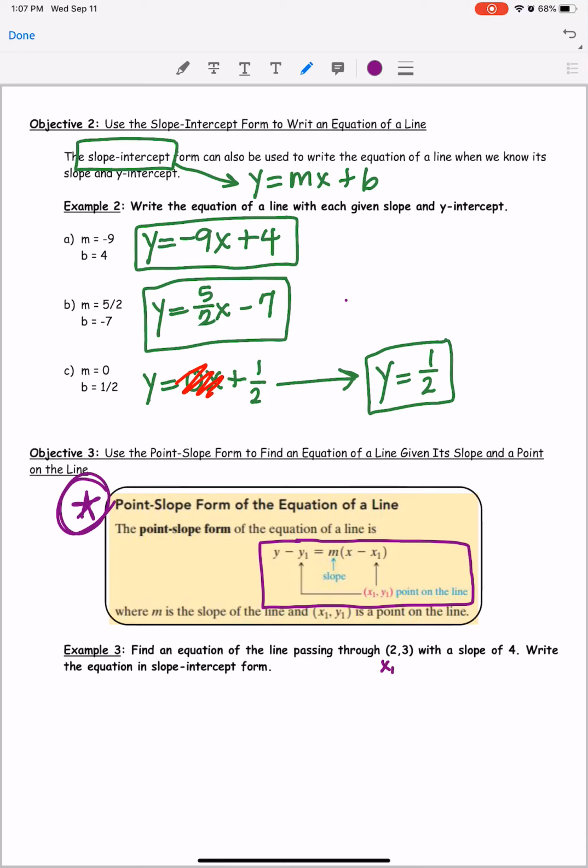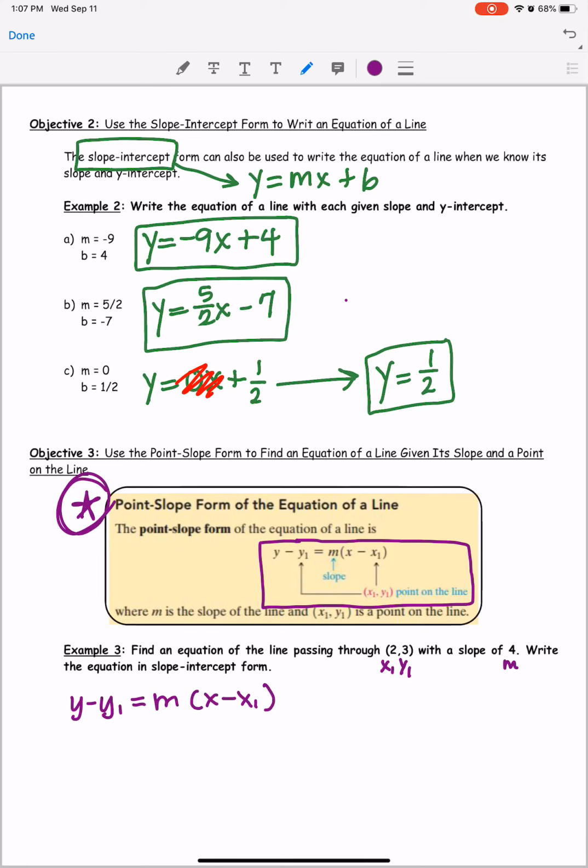So this is your x1, y1 with a slope of 4. Slope is your m. Write the equation in slope-intercept form. Slope-intercept form is your y equals mx plus b. So I'm just going to rewrite this formula real quick. Y minus y1 equals m times x minus x1.